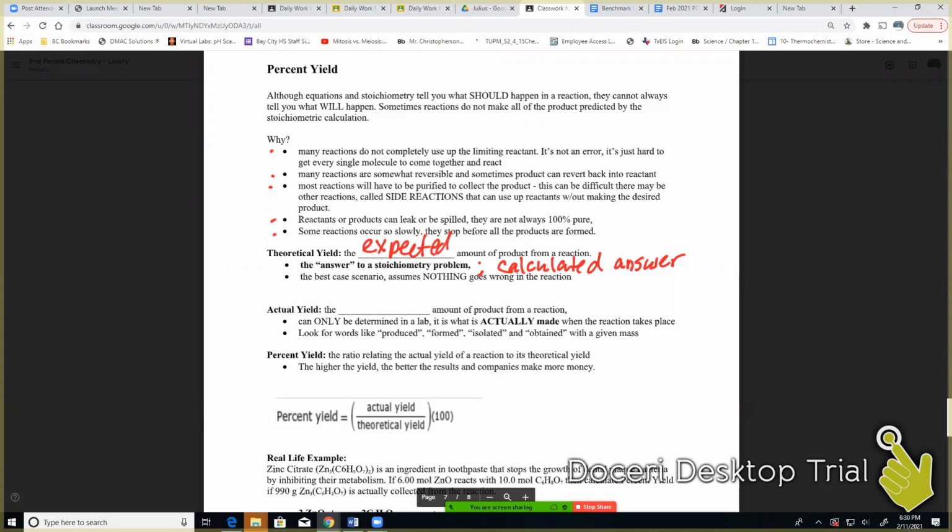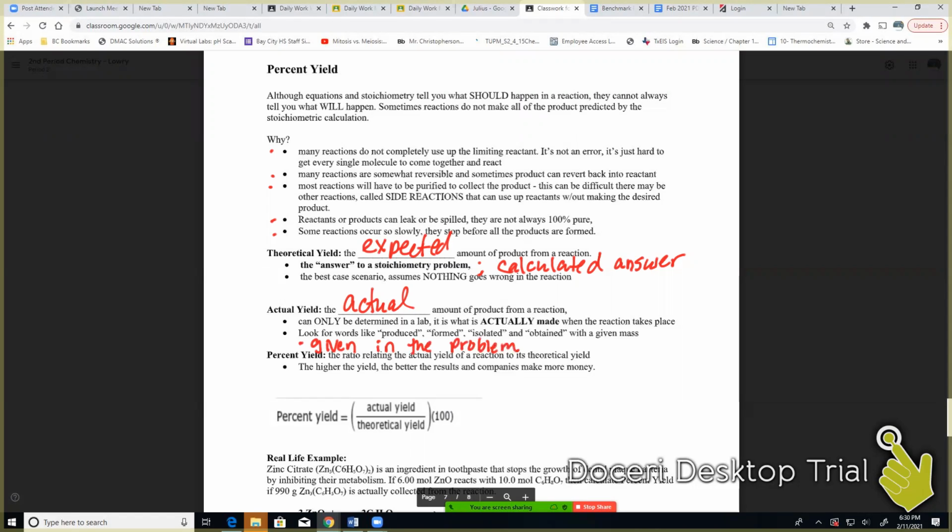Actual yield is the actual amount of product that comes from the reaction, and it can only be determined in the lab. It is what is actually made when that reaction occurs, and you're looking for words like produced, formed, or isolated to give you a hint that that's the actual amount. The actual amount always has to be given in the problem.